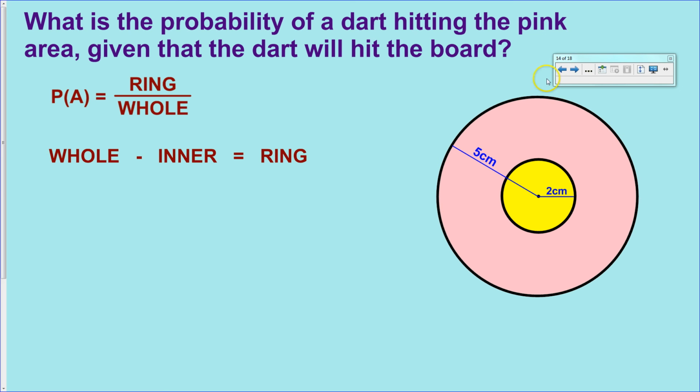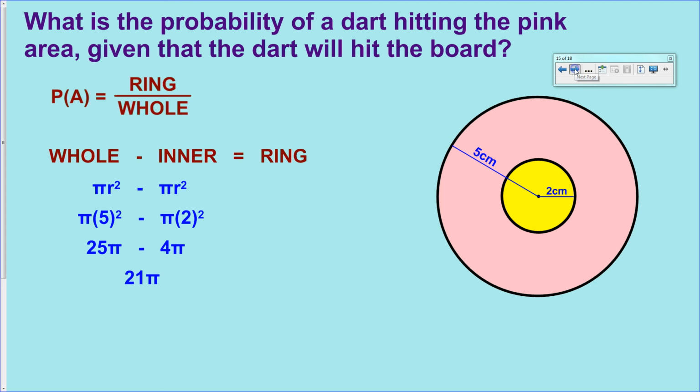So we need to find the area of the whole thing, subtract the inner circle to get the ring, and then once we do that, we'll have all three areas that are involved here. So the whole area is pi r squared. The inner area is pi r squared again, just with two different radii. And if you go ahead and do a little calculation, these are like terms, so you can combine them into 21 pi. So the area of the ring is 21 pi square units.